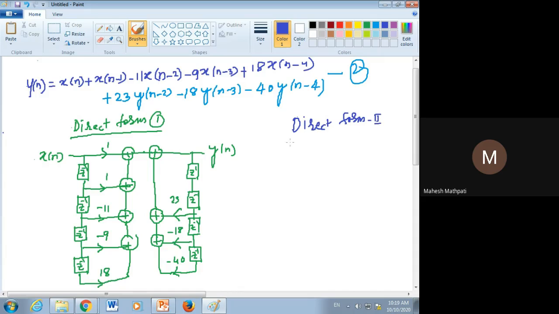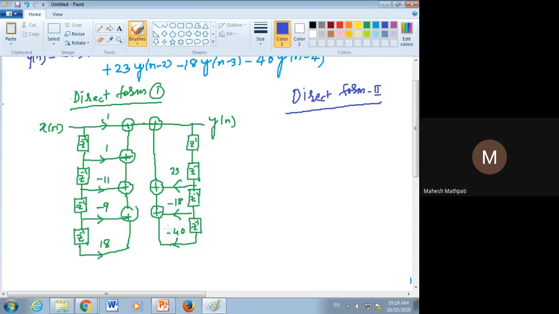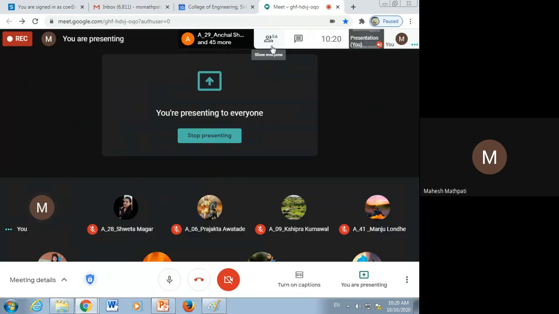You just keep this part as it is. Let me think of this part.